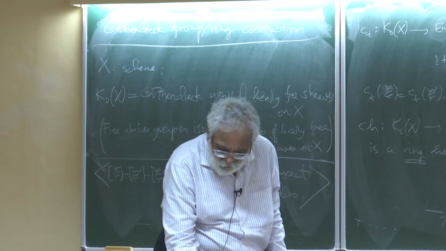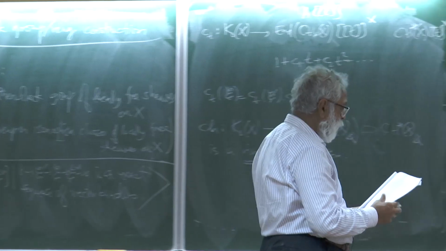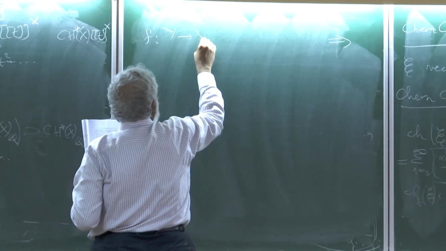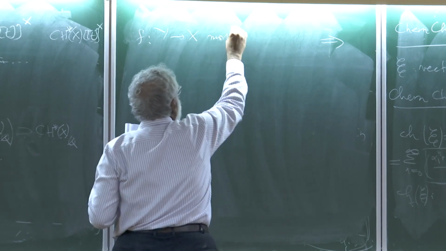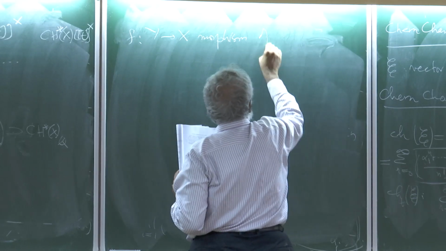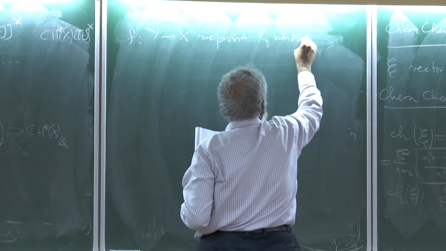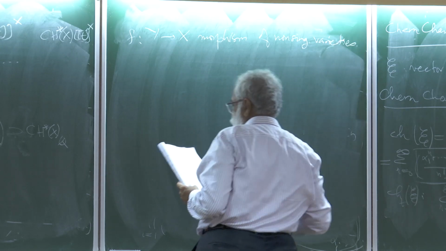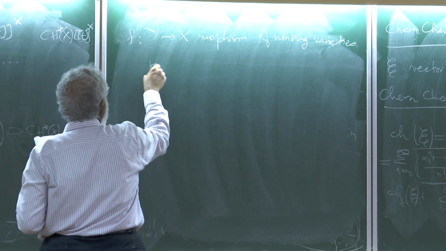For example, suppose f goes from X to Y, or Y to X, a morphism between non-singular varieties. Then I can write a diagram like this.